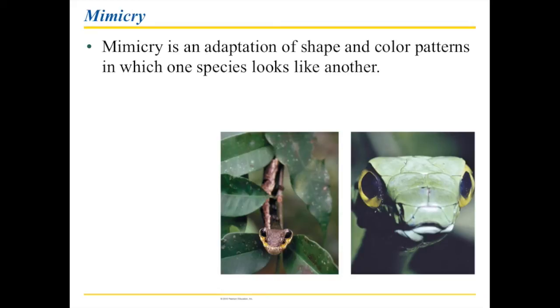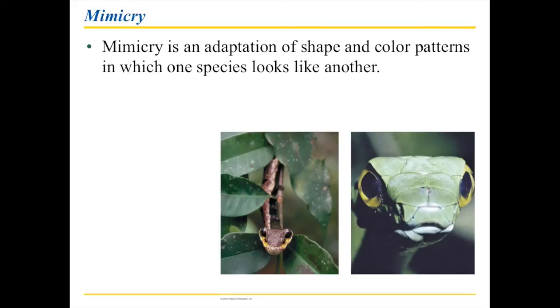Mimicry means that there is an adaptation between two different organisms where something that is not dangerous mimics something that is. And so in this case, what we're looking at is a snake, obviously, on the right, and the back end of a caterpillar on the left.